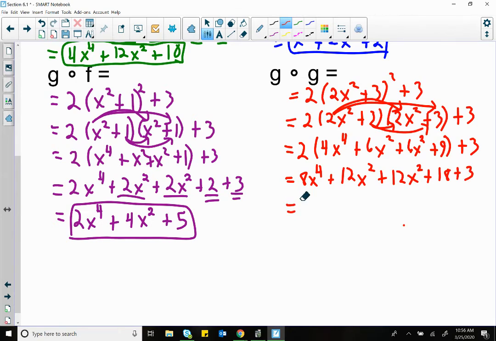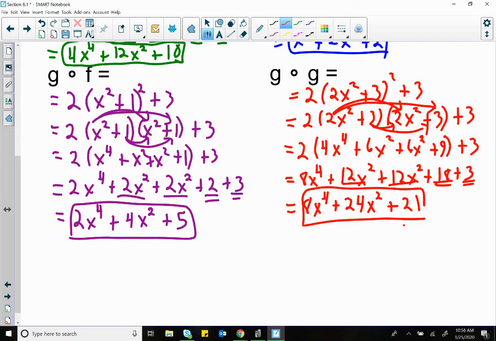And the final step, combine like terms. 8x to the 4th. The x squareds are going to get together, which gives you a positive 24x squared. And finally, the 18 and the 3 will get together and give you a plus 21. And there is the answer.